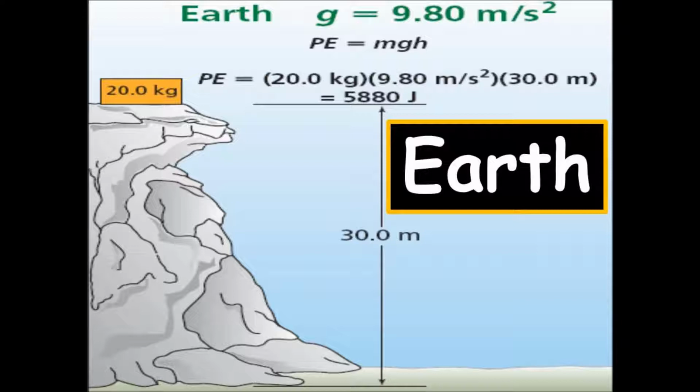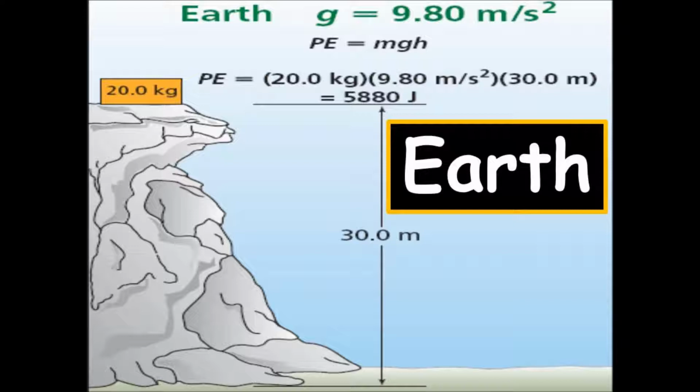Okay, it's going to be 5,880. So what are you doing to the potential energy when I increase the distance? What am I doing to the potential energy when I change one factor?